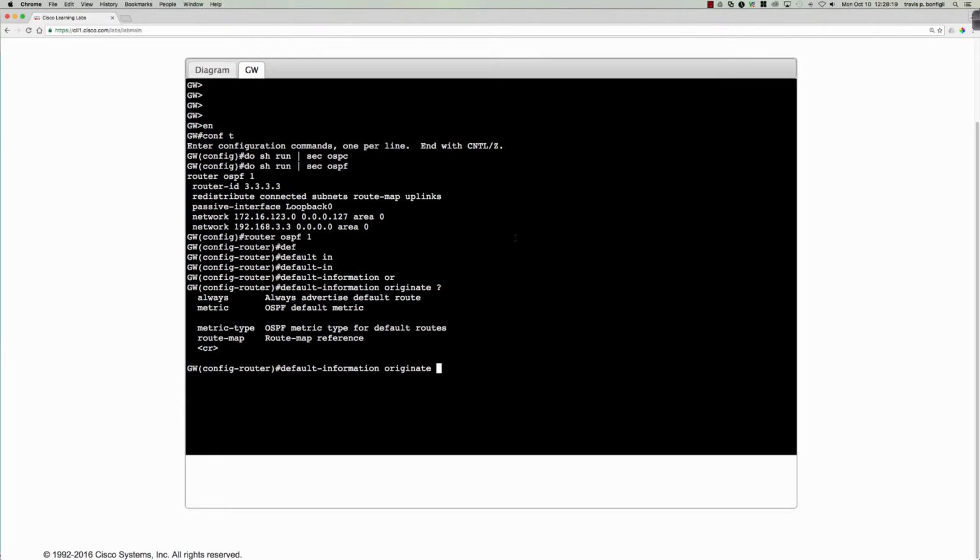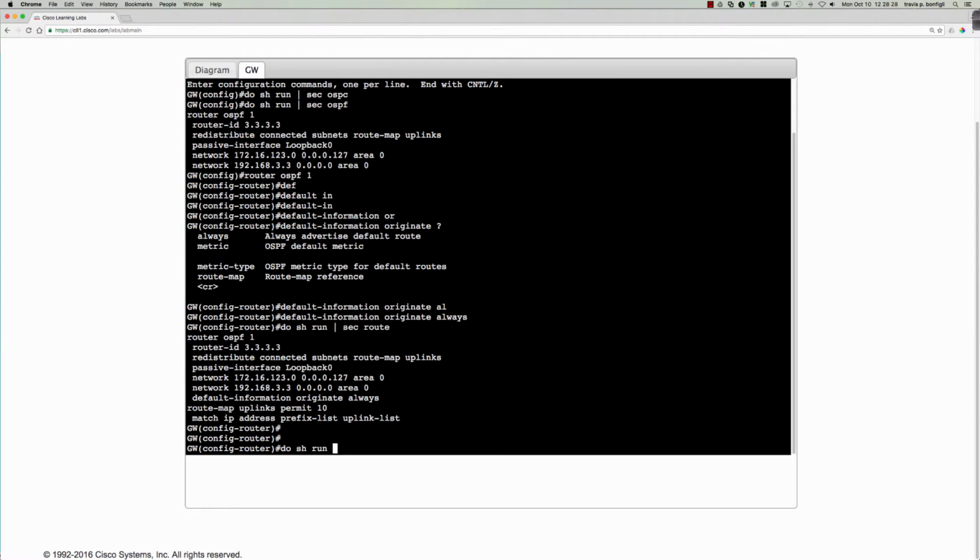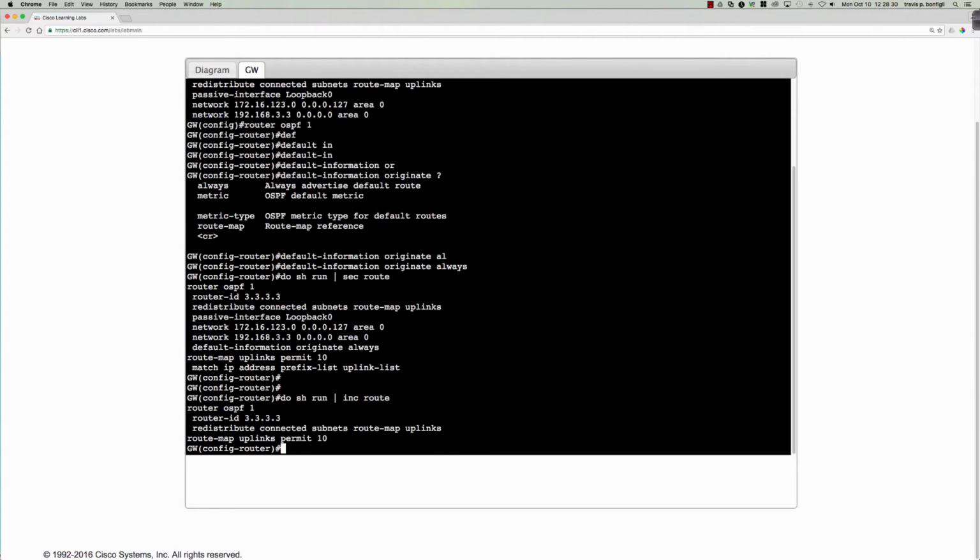So let's say default-information originate always, but then if I do show run include route, do we have a default route? They have not defined a default route yet, and so that's what we're going to go ahead and do.